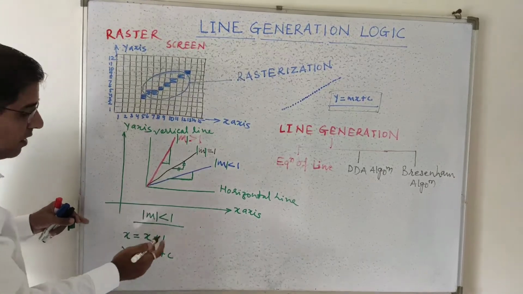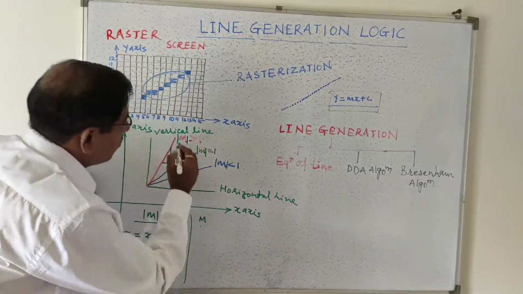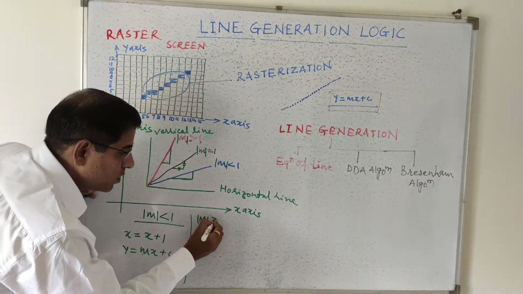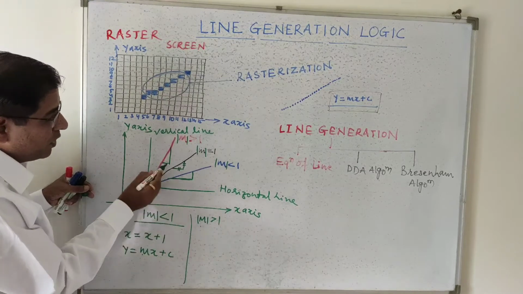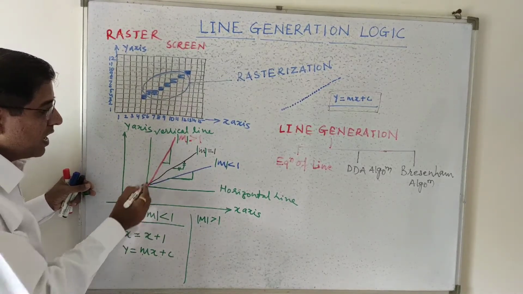Okay, and if you are calculating the intermediate pixels of a line whose slope is greater than 1, in that case we know that the value of y is changing very fast as compared to x.